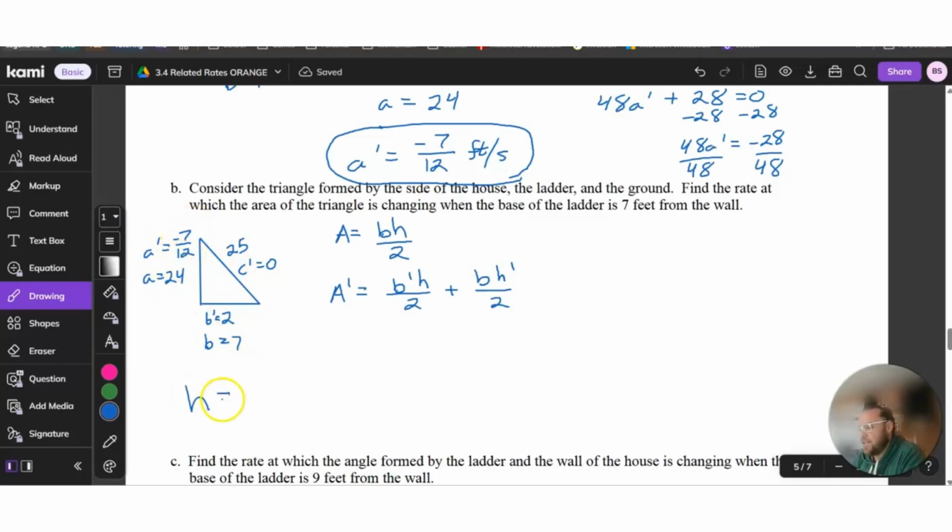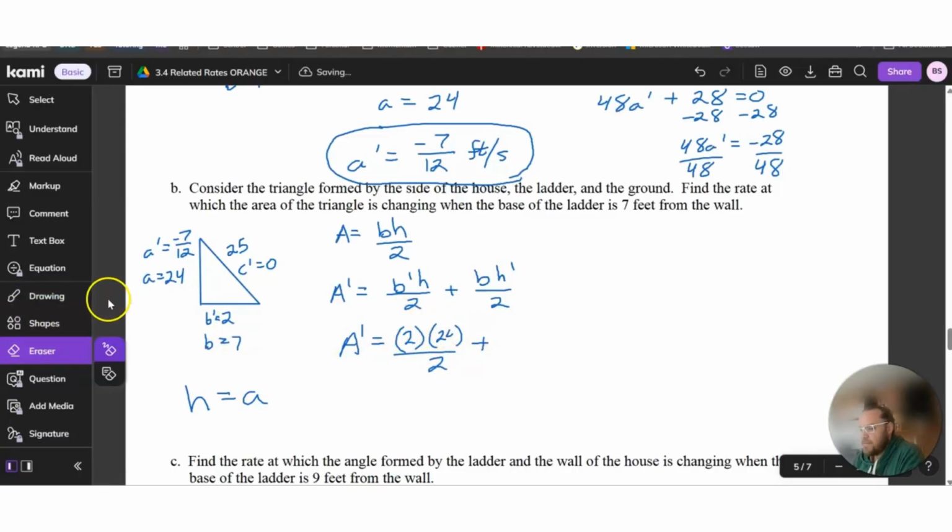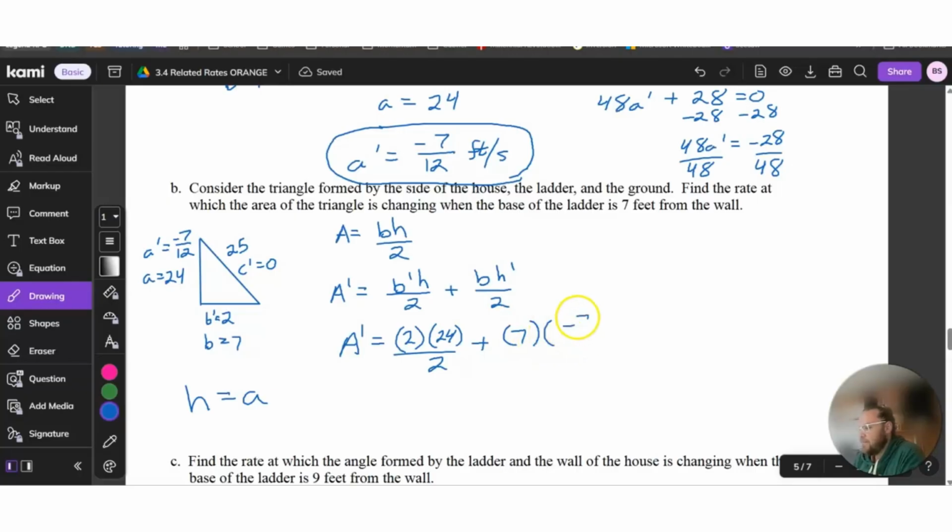So H is going to be A in our case. So A prime is going to be equal to B prime is 2, H is 24 over 2, plus B is 7, H prime negative 7 over 12, all over 2.